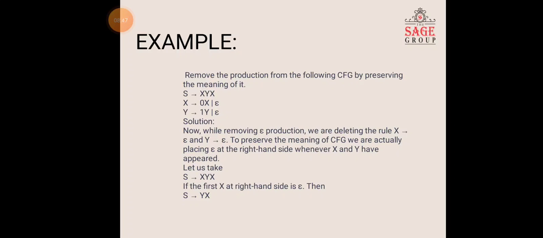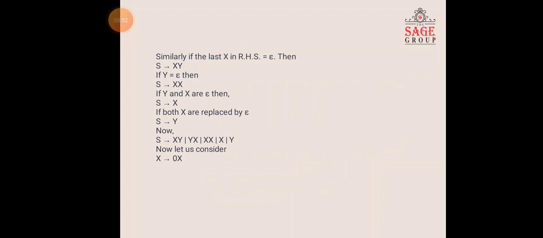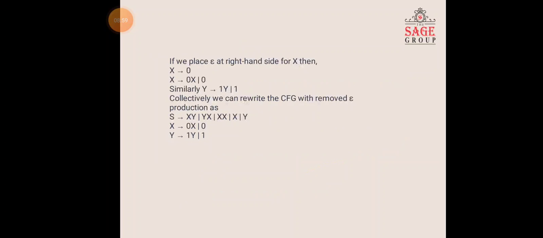If the right hand side of a production contains epsilon, then we need to go ahead and replace the epsilon values. That is, as you can see in this particular example, I have replaced X with 0X, and X with Y. So in this way, wherever the epsilon value is, that value has to be replaced with something or the other. Okay, so in this particular example, I have replaced epsilon with 0 and epsilon with 1.